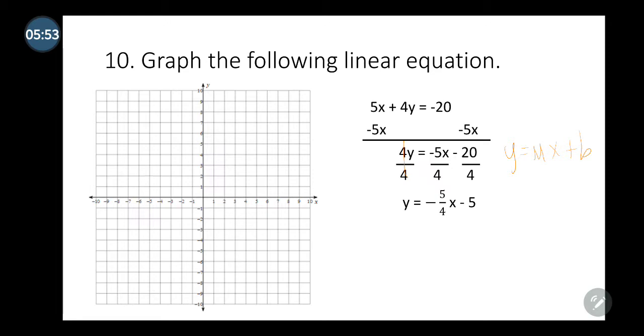Now the next thing I want to do is graph this on my coordinate plane. The first point is going to be at negative 5. Then from that point, I'm going to go down 5 and to the right 4, because I'm going to put the negative with the 5.